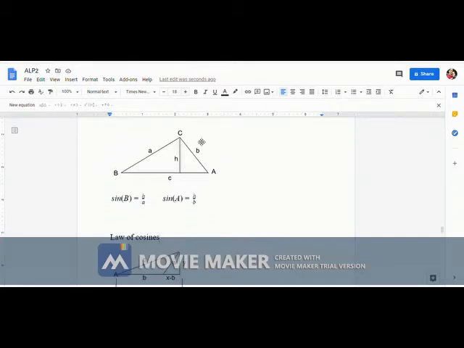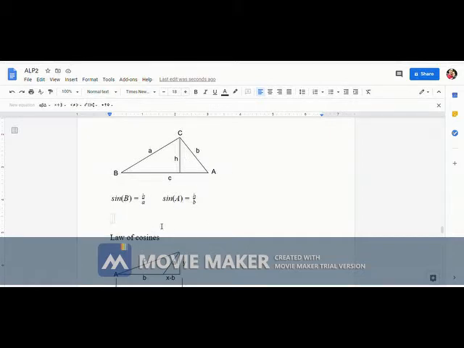As you see here we have a triangle with a height of h, and just to start to prove this, I'm going to get this new equation. We know that sine of angle B equals h over a, because that's the opposite over hypotenuse, and the sine of angle A is h over b.